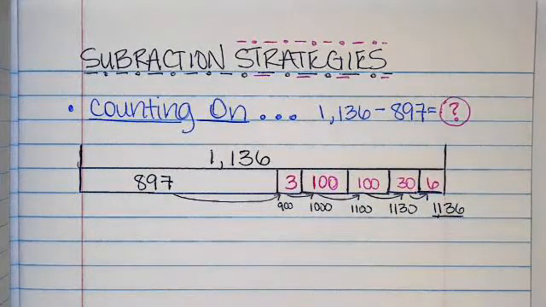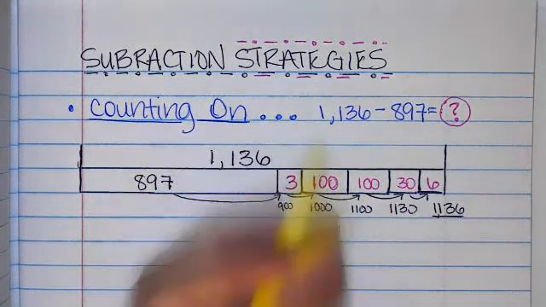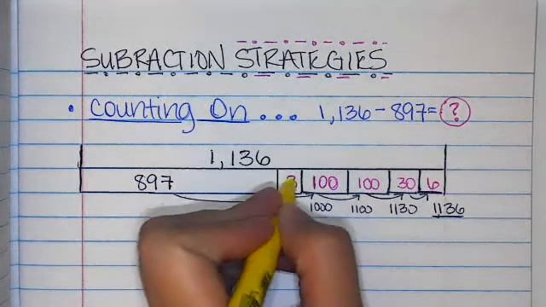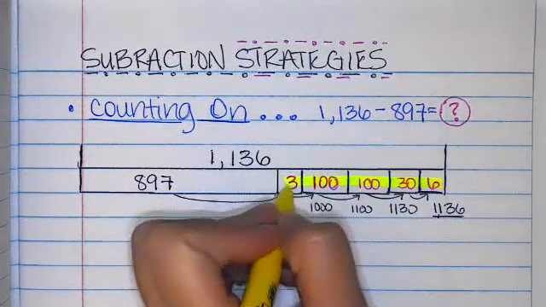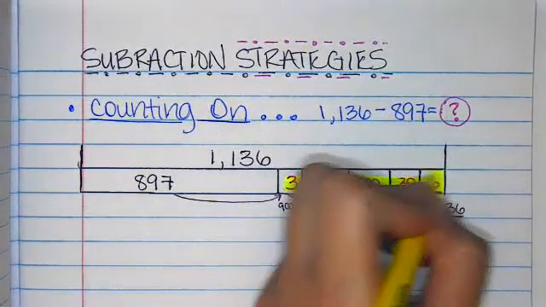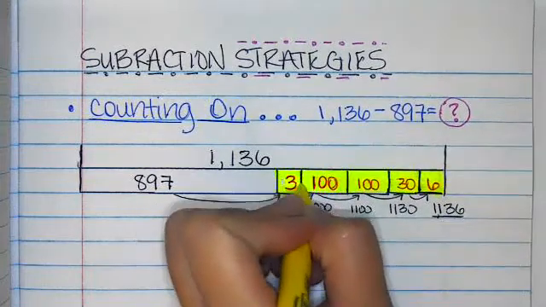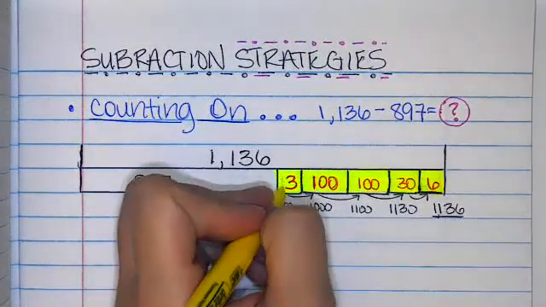So now I see this number in pink that will tell me how many I need to count on with to get my answer, and that is 3 plus 100 plus 100 plus 30 plus 6. So I'm going to highlight that amount because this is the amount that goes into this question mark.